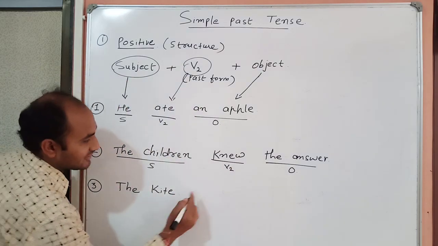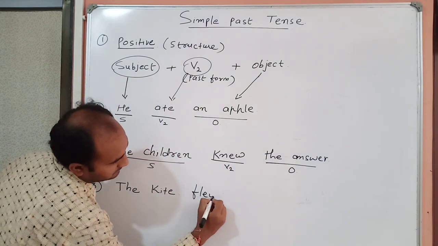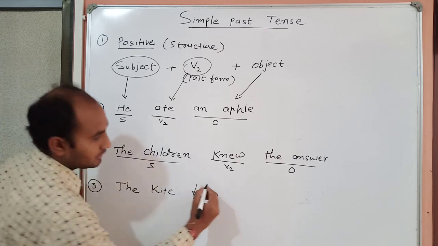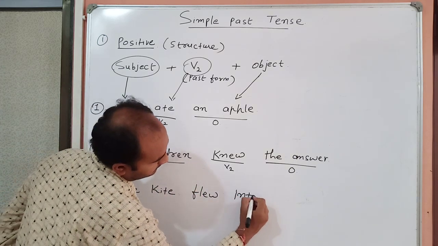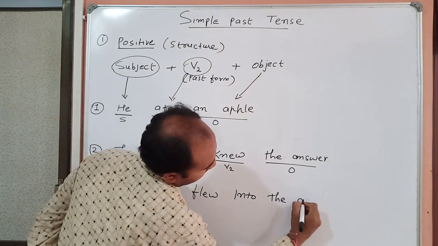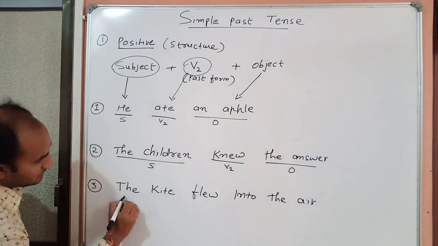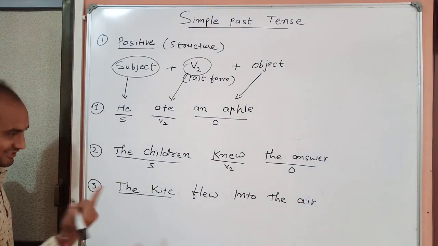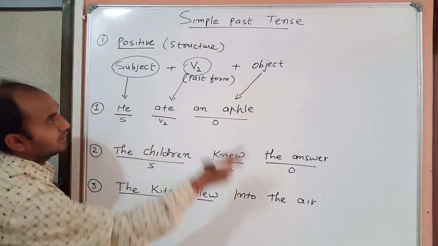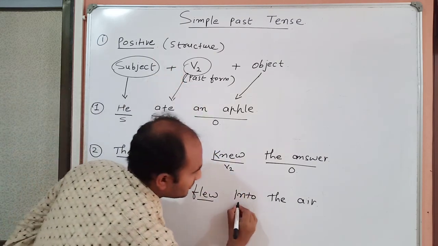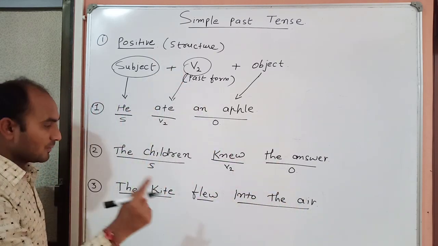So the kite flew into the air. Here kite is the subject, flew is verb number 2, into the air is the object.